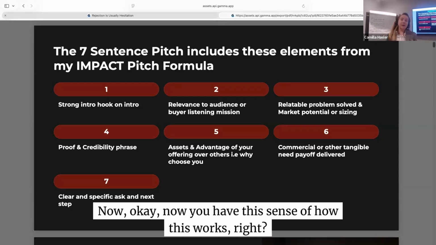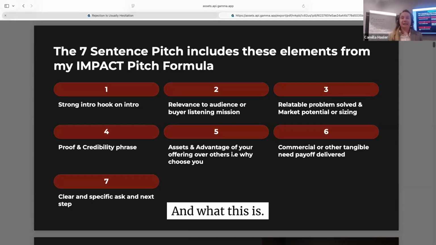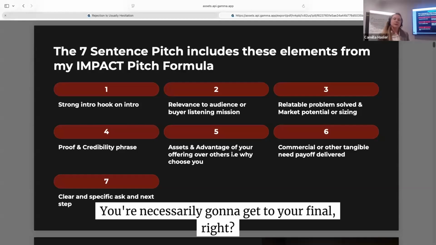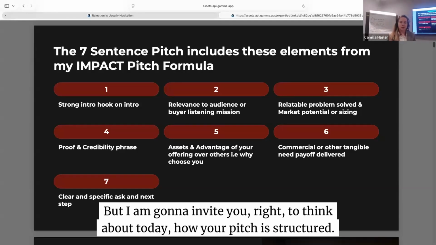Now you have this sense of how this works, right? And what this is. And again, I'm not expecting that in this session you're necessarily going to get to your final pitch. But I am going to invite you to think today about how your pitch is structured.